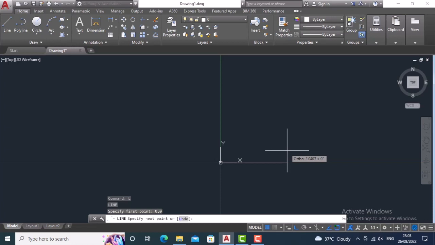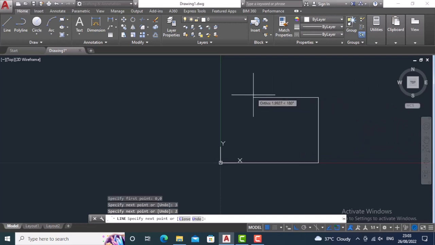You just give it the direction with the cursor, and that's it. No need for negative or positive. So in the x direction we need 3 units. We will type 3. In the y direction we need 2 units. Again 2. In the x direction again we need 3 units. And then either we can type 2 or we can close it by pressing C.